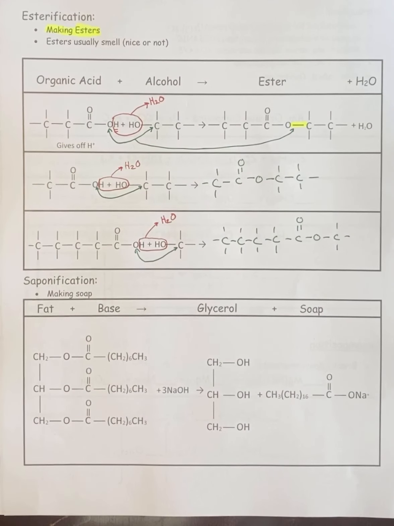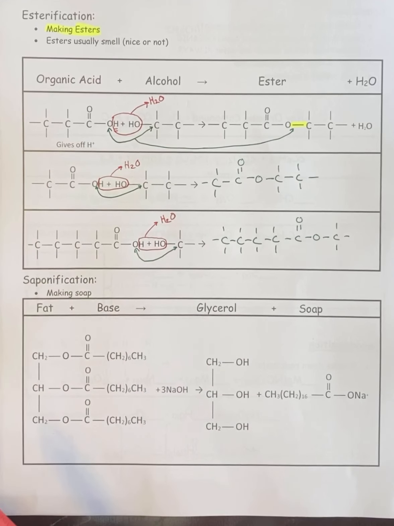And so those are your esters. The hard part about esters is going to be naming them, although that's not in this lesson. You should know how to name them already, but drawing it out is really not that bad. You just have to know this is what happens, and I have actually seen this question show up on Regents.